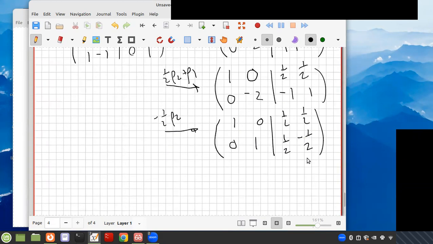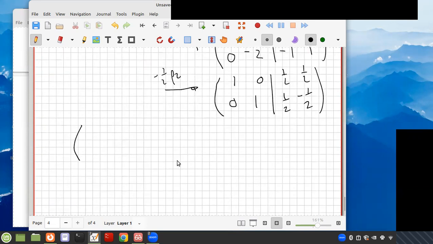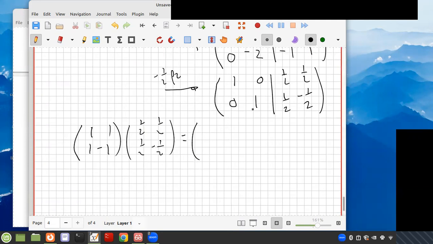Okay, and so we think that the inverse of 1, 1, 1, minus 1 might be 1/2, 1/2, 1/2, minus 1/2. And the only way we can check for sure, apart from hoping that arithmetic was right, was to do the matrix product, and see if we get the identity matrix.